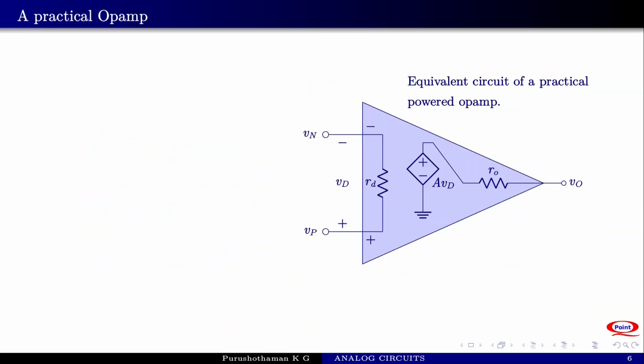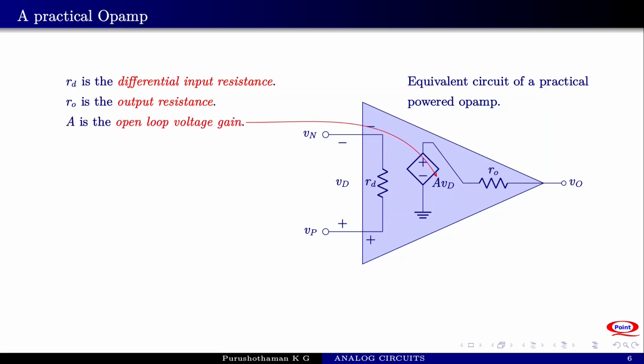This figure shows the schematic of a practical operational amplifier. There are three important parameters for a practical operational amplifier or any operational amplifier. RD is the differential input resistance, RO is the output resistance, and A is the open loop voltage gain.